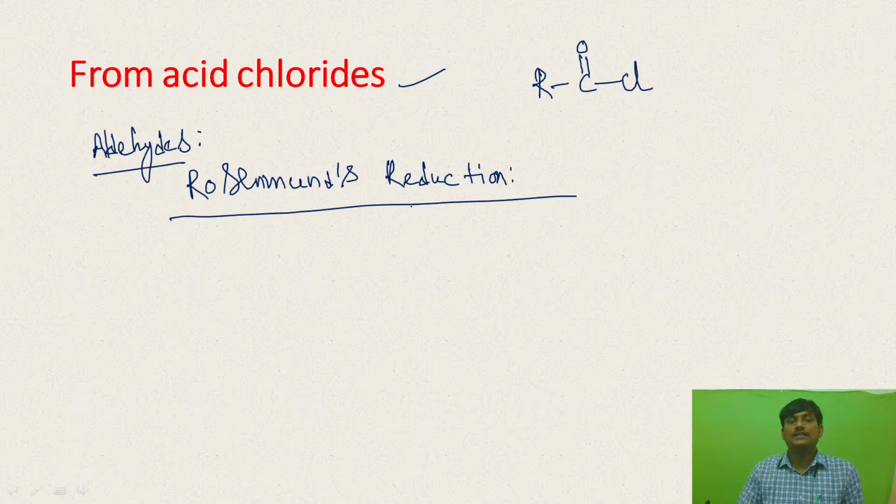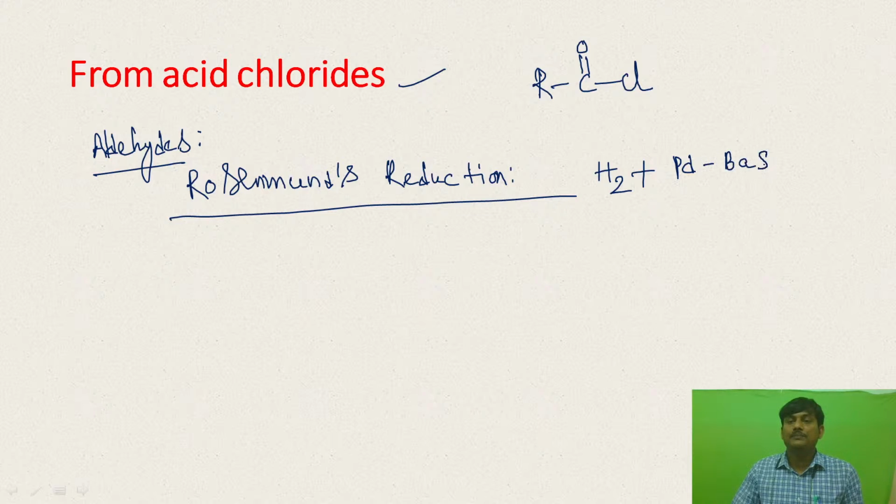In Rosenmund's reduction, the reagent is hydrogen and palladium is the catalyst deposited over barium sulfate, and this catalyst is poisoned by quinoline and also a very trace amount of sulfur.